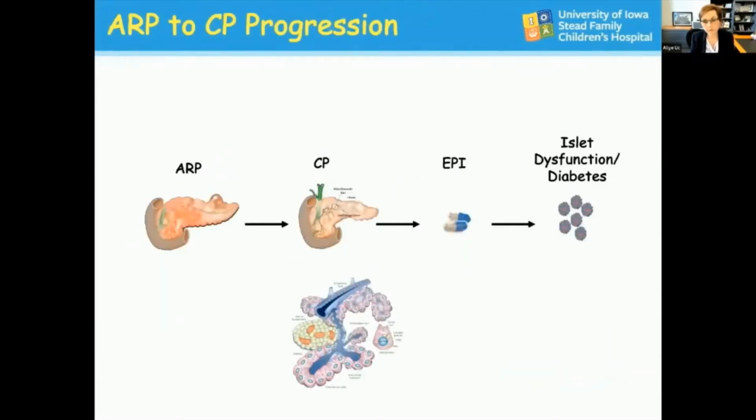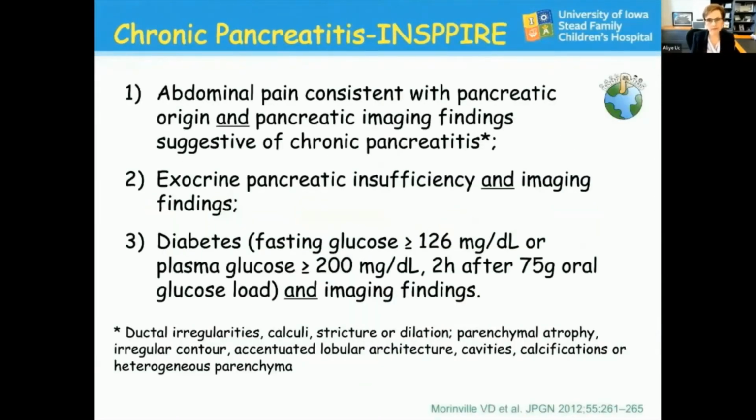And some of them will progress, as we talked about, to chronic pancreatitis, exocrine pancreatic insufficiency, and islet dysfunction and diabetes, because the pancreas, as you probably know, has an exocrine component and an endocrine component. And our definition of chronic pancreatitis also reflects that. I mean, patients will have some imaging findings associated with chronic pancreatitis. Those are irreversible changes that I describe here.